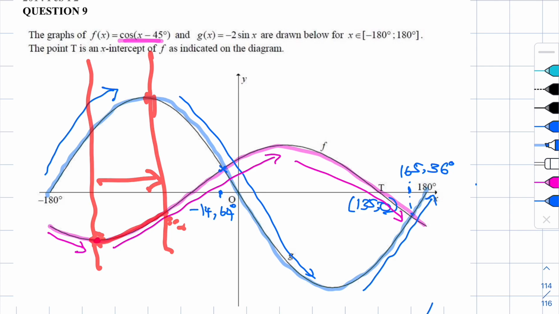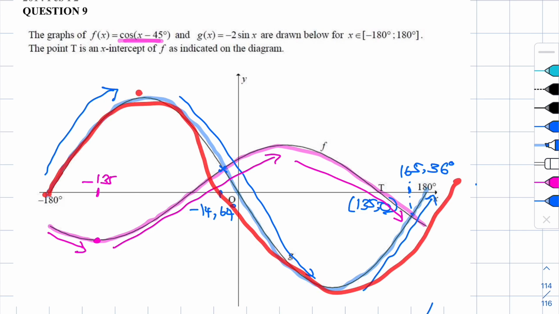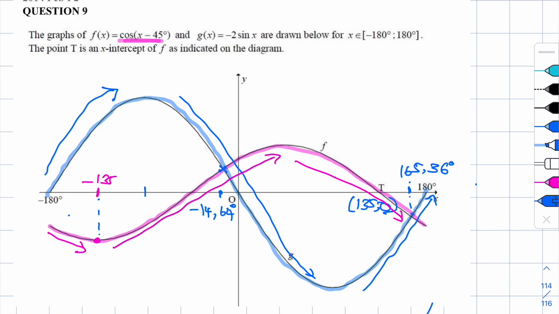If you put the graph of f on the calculator, you can work out that the minimum is at x equals negative 135. Then if you put the blue graph, the graph of g, on the calculator, this point is the maximum, and the maximum there will be at negative 90.